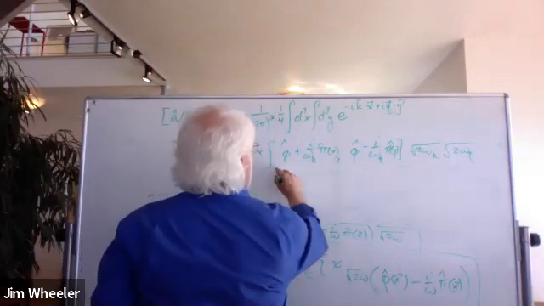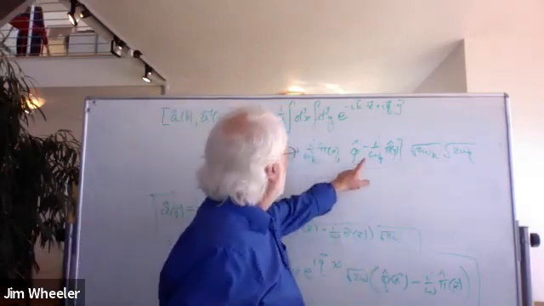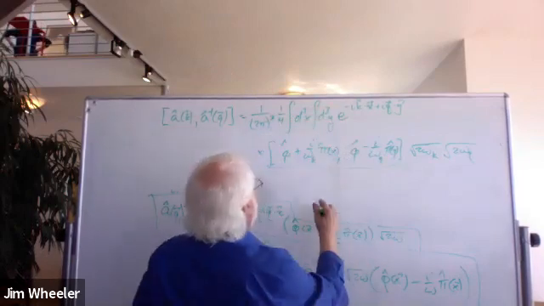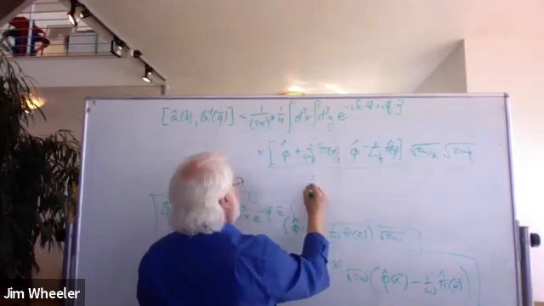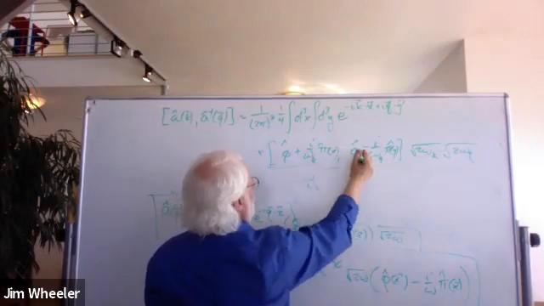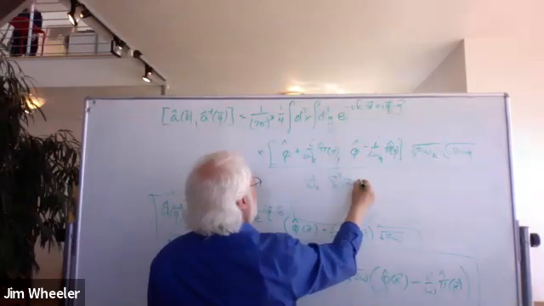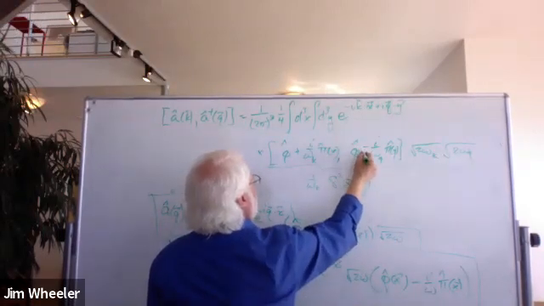Oh, now we evaluate this guy first, the commutator, because we know that pi with phi, we're going to get 1 over I omega k. Then this commutator is going to give us a delta 3 of x minus y. Remember, this is at y.